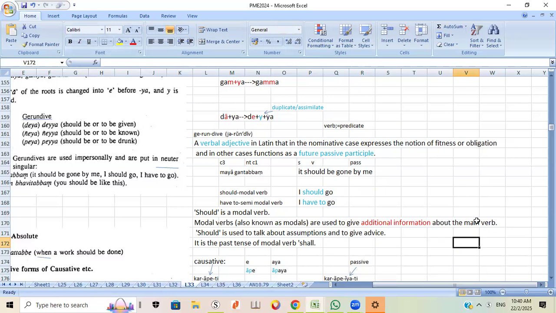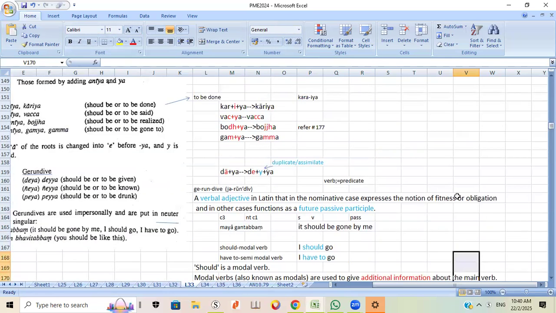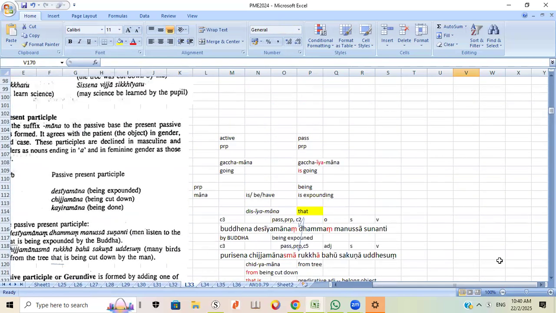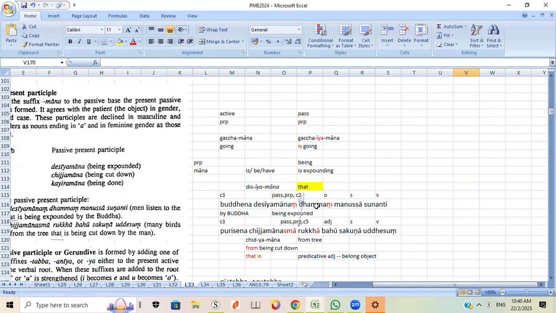About the main verb. Just now can you remember we were talking about the main verb. So in this case, this is the main verb. In English, this is Dhammang Manusa Sunati. This is the main verb.